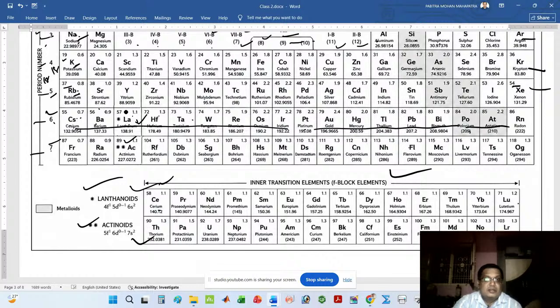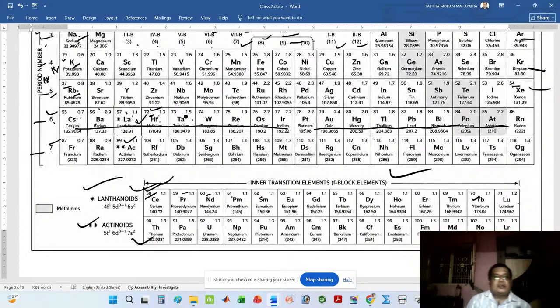But if you see the modern periodic table, hafnium has 72. Then the other atomic numbers are: after 57, this is 58, 59, 60, 61, 62, 63, 64, 65, 66, 67, 68, 69, that is 70, 71. All the elements are present here.